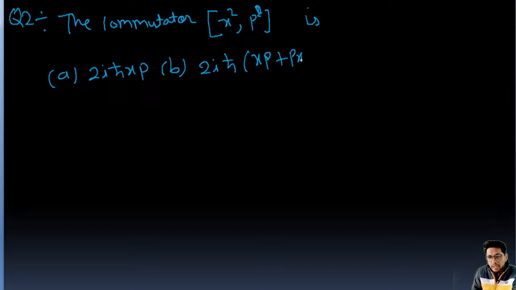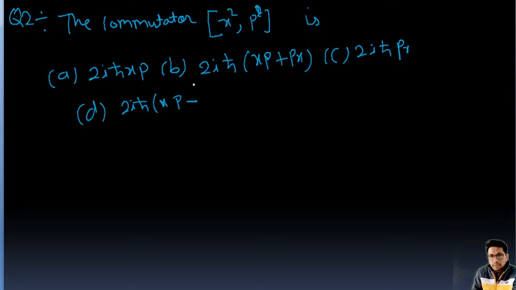Option C is 2i h cut px, and option D is 2i h cut xp minus px, okay. So this is what the question is. So we need to find out the commutator x square comma p square.